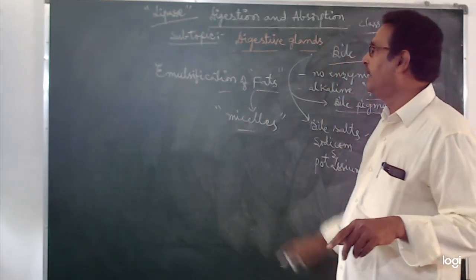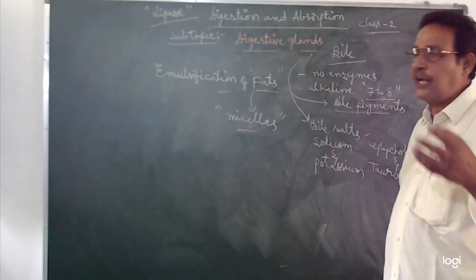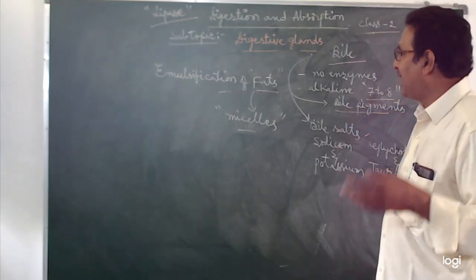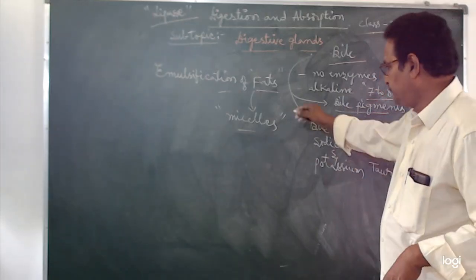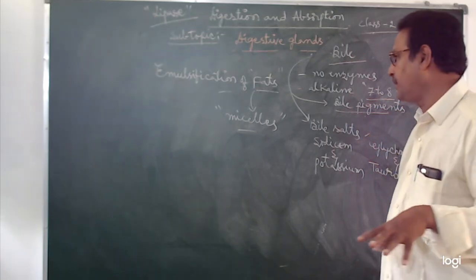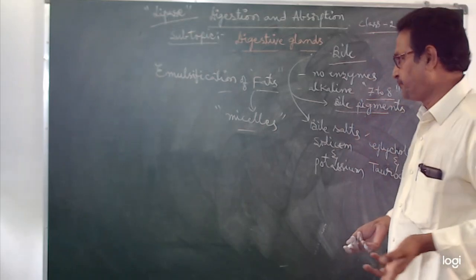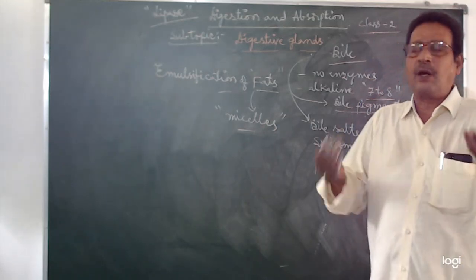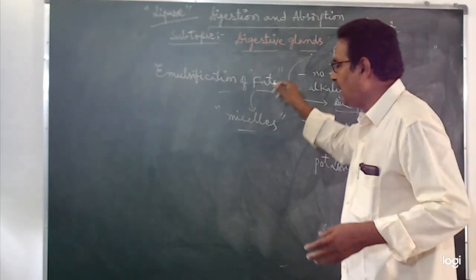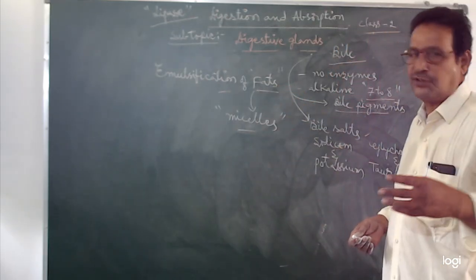Then only the lipase from pancreatic juice or from intestinal juice can act on emulsified fats only. They could not act on fats directly unless the emulsification of fats takes place.